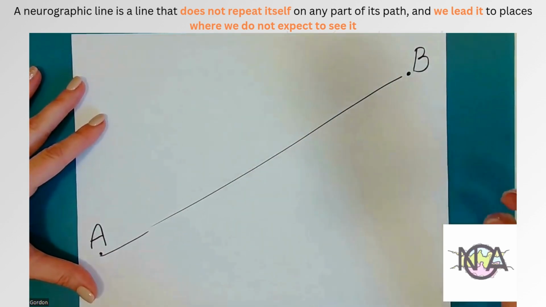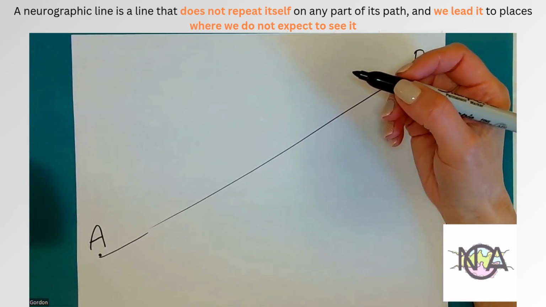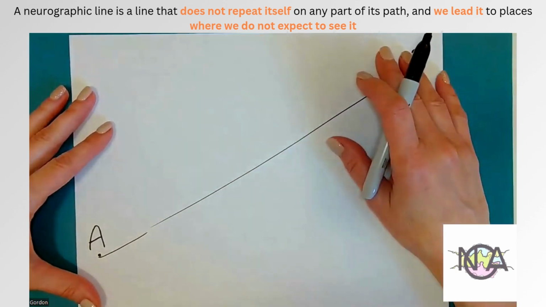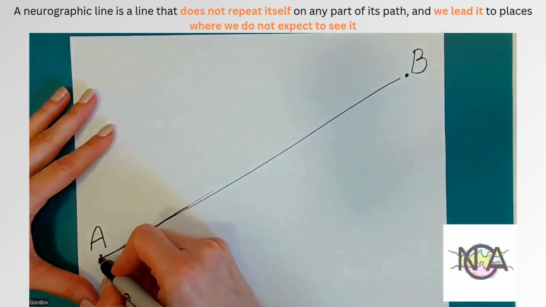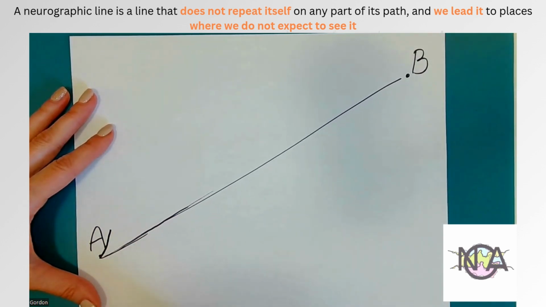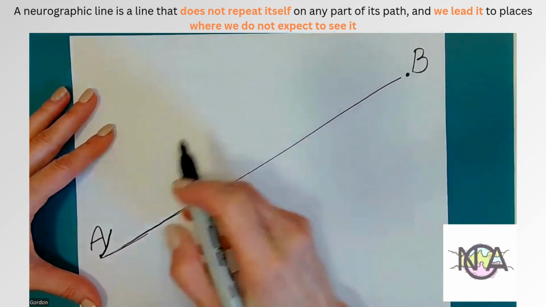So how do we draw a neurographic line? We remember that we lead neurographic line to places where we do not expect to see it. So if we expect our line to go this way, the neurographic line will go to different way. For example, here. But we remember that we have to get to the point B.